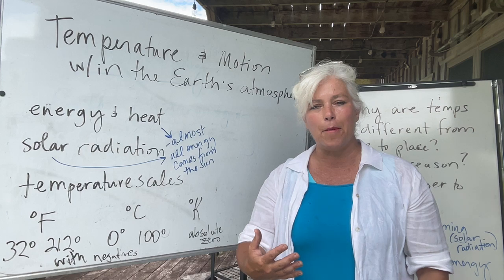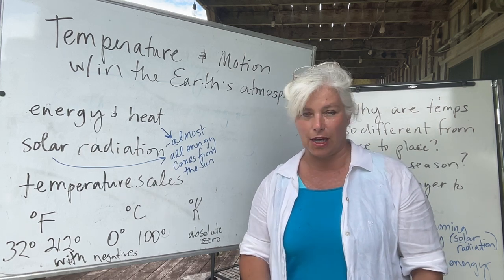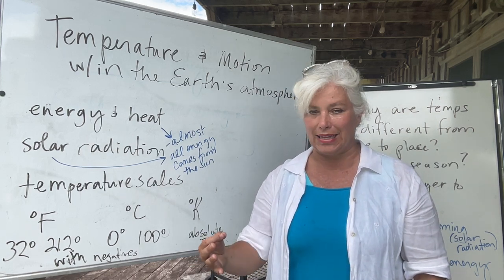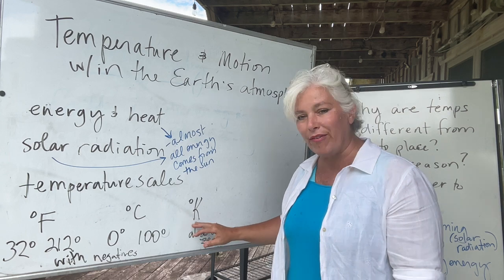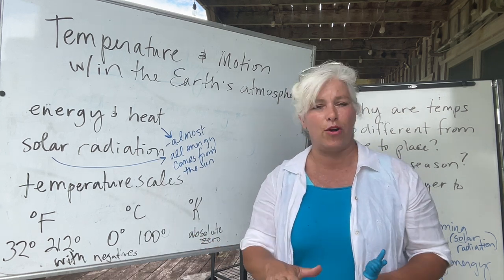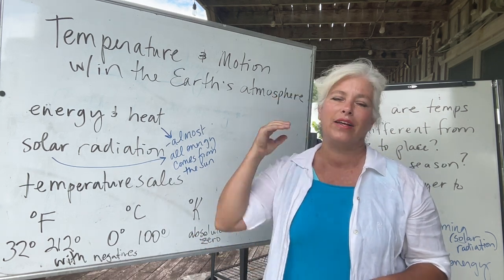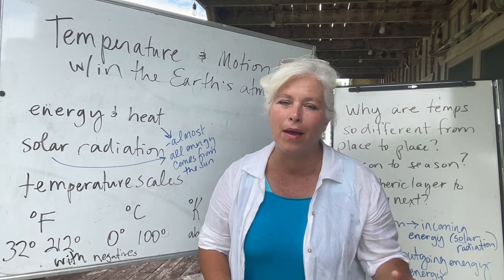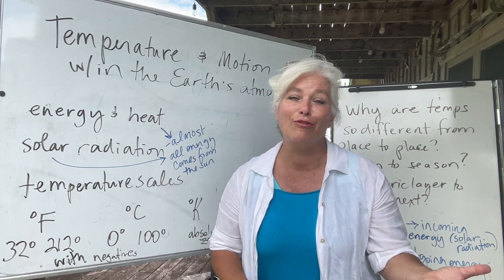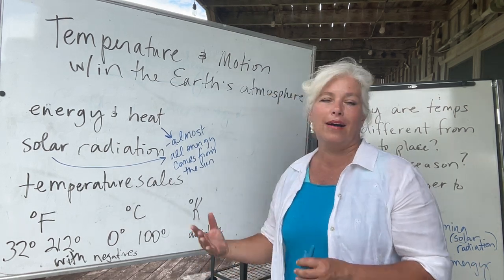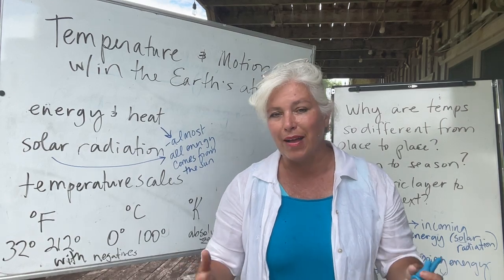Another measurement system that is used very commonly in science is the Kelvin scale. We're not going to focus on kelvins in our physical geography class because we just don't use them in this field. Kelvin is a scale that's very useful in other aspects of science.